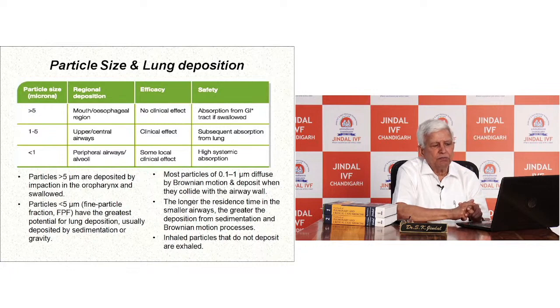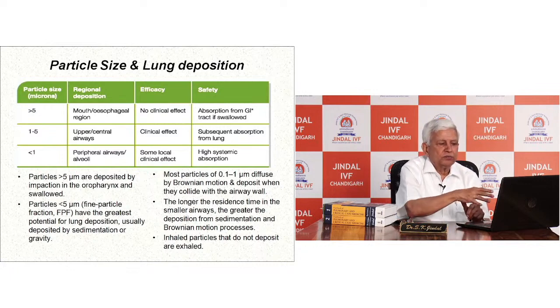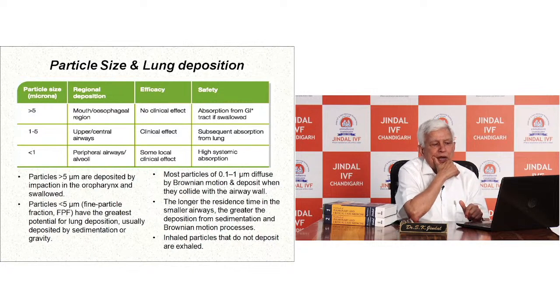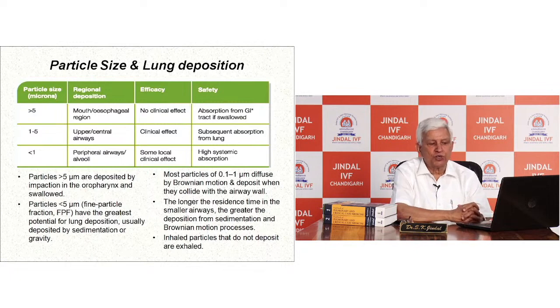You can see on the right side that most particles of 0.1 to 1 micron diffuse by Brownian motion and are deposited when they collide with the airway wall. And if it is a very small, fine particle, less than 1 micron in size, they are even exhaled.